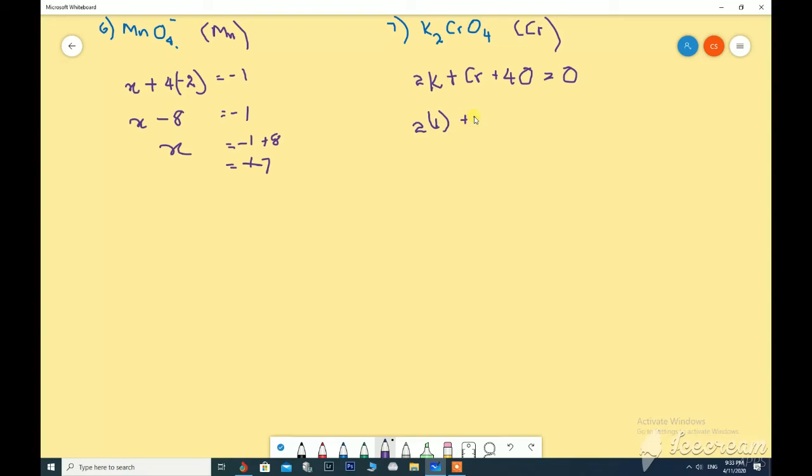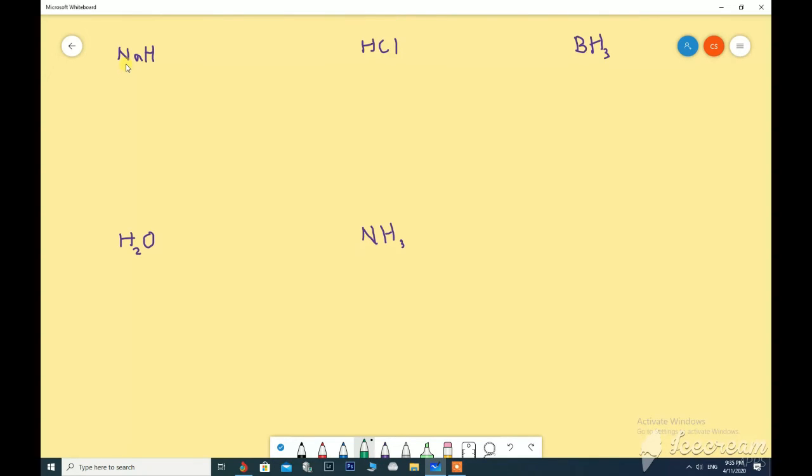Add, let's take it as x. Add 4 times -2 is equal to 0. 2 plus x minus 8 is equal to 0. So x is equal to +6.